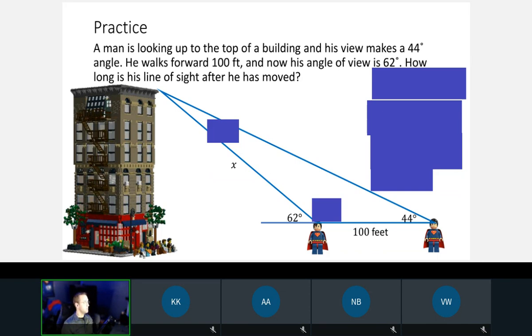So the triangle that we drew, we know this angle, but the problem is we want to know the interior angle. How do I find this angle? We need this angle, we need this angle, and then we probably need this angle. Yeah, 180 minus 62.